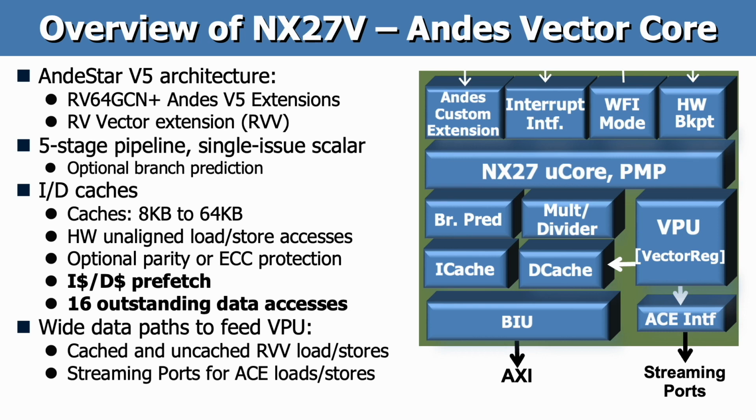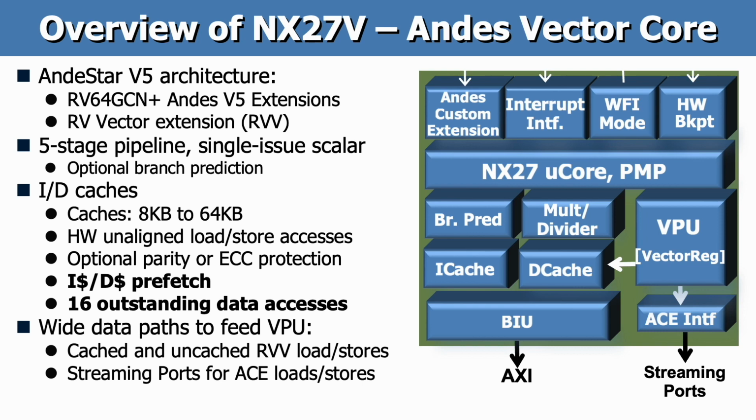optional. Then, because Vector Unit is a high-performance compute engine, we spend a lot of time moving data in and out of the core with the caches available and with hardware unaligned loads and stores, optional parity or ECC protection of those memories.